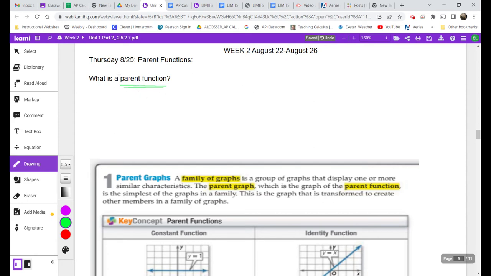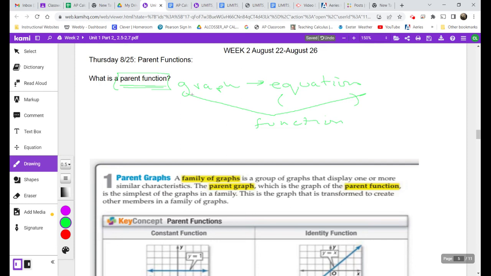Basically, the idea of a parent function is it is a graph or an equation that goes with the graph. And that equation and graph together are considered a function.